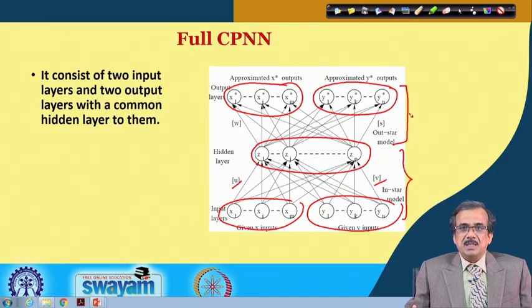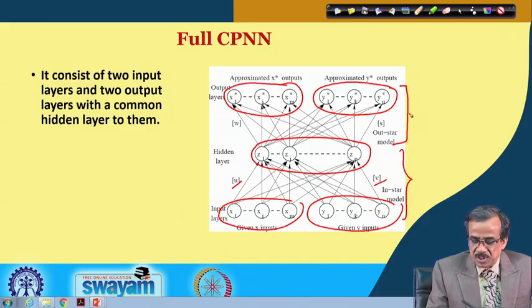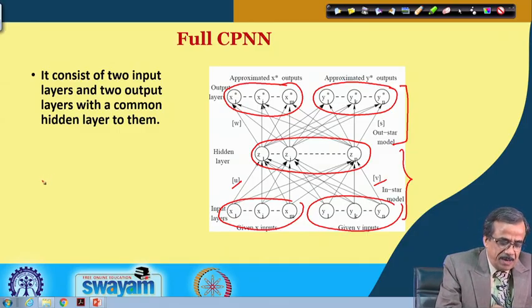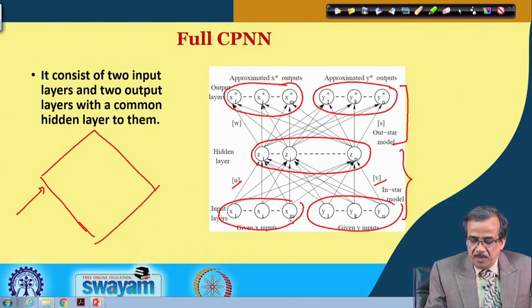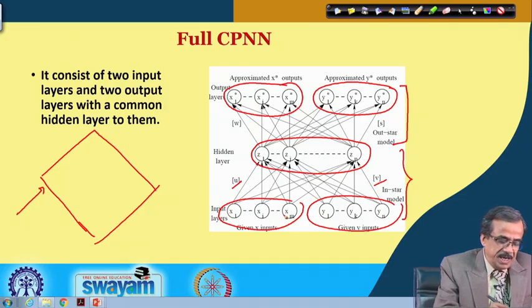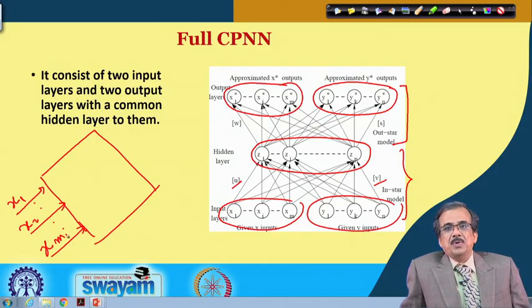Now, the purpose of this model is to establish the relationship between the inputs and the outputs. Supposing that I have a process that I am going to model, and this process has m number of inputs, x1, xi, up to xm. So, this is x1, then xi, and then xm.